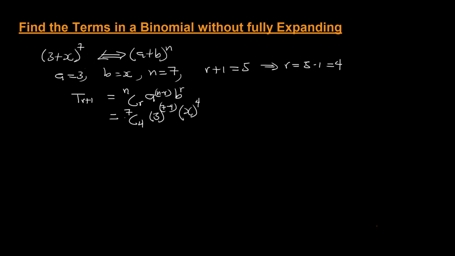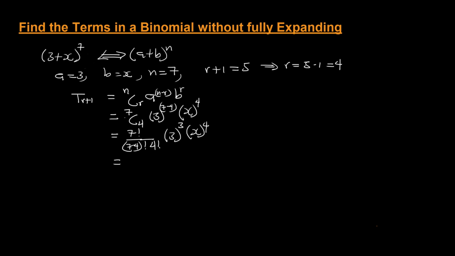So we do this evaluation. 7 combination 4 is 7 factorial over 7 minus 4, all factorial times 4 factorial, multiplied by 3 raised to the power 3, and then times x raised to the power 4.